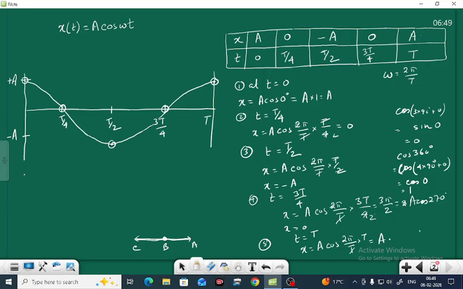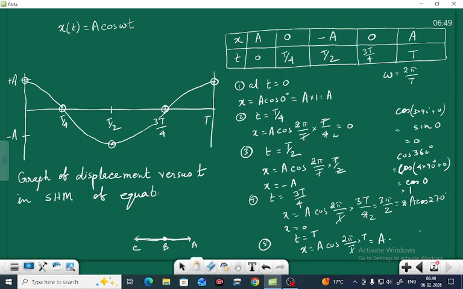So this is a graph of displacement versus time in simple harmonic motion of equation x is equal to A cos omega t.